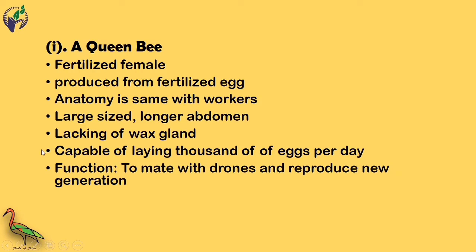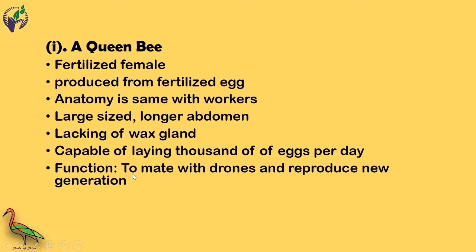She is capable of laying thousands of eggs per day. Now you can imagine why in one colony more than 50,000 members are there, because the queen bee lays thousands of eggs per day. What is the function of the queen bee?